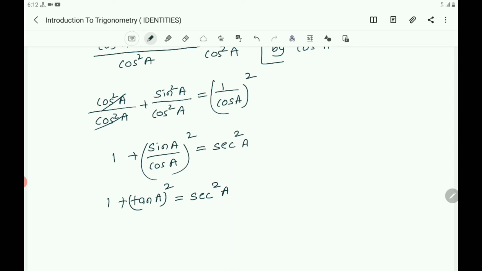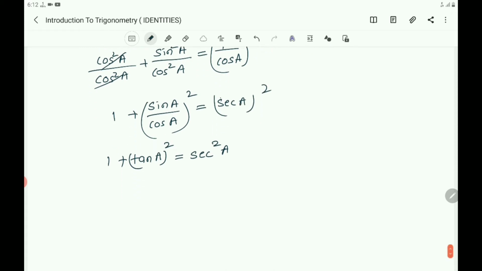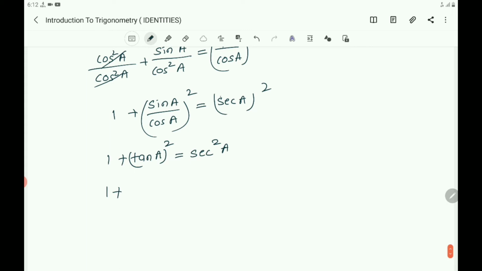Here also you can write 1 by cos is secant. In the next step, 1 by cos is secant a whole square. Then 1 plus tan a whole square is 1 plus tan square a equals secant square a.